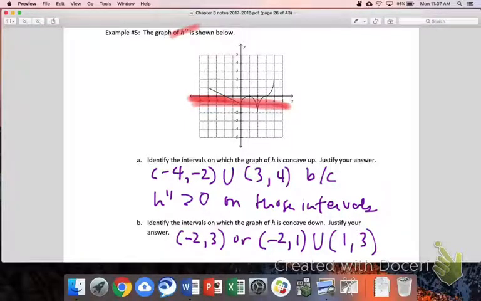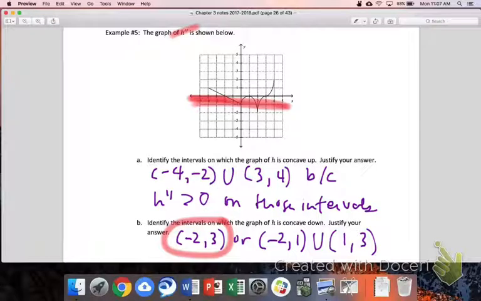I think you're going to find most textbooks are going to like this one better, because concavity can really only be judged between any two points. It's true that h double prime is 0 when x is 1, but you can't have concavity at one point. It really has to be between two points.